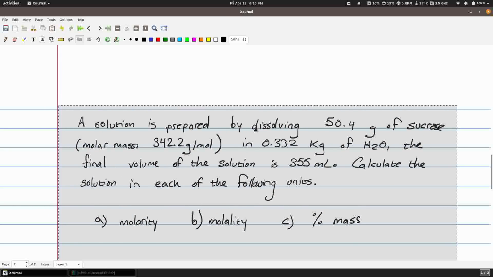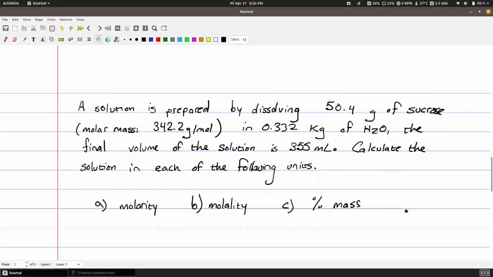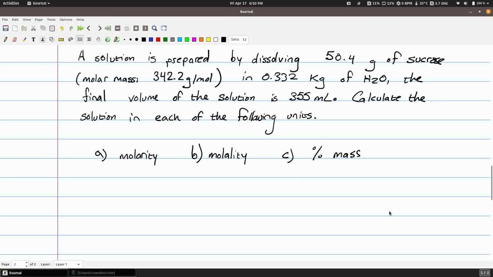So, wow, let's write everything down. So our solvent is most definitely water. And then, yeah, this is easy. We have everything we need to do all three of these.